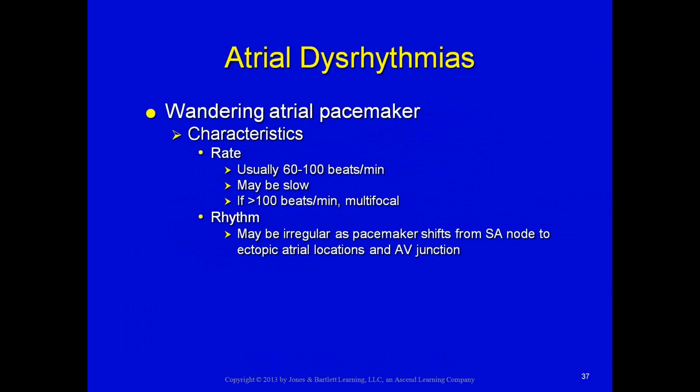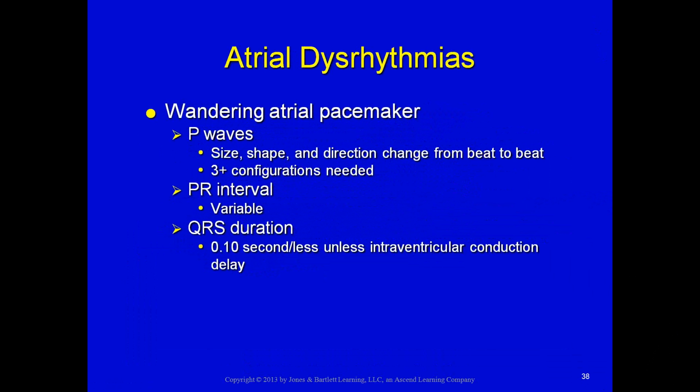The rhythm may be irregular as the pacemaker shifts from the SA node to that ectopic spot, that irritable spot on the atrium, or those multiple irritable spots on the atrium begin to fire. The P waves, the size and shape and direction change from beat to beat.